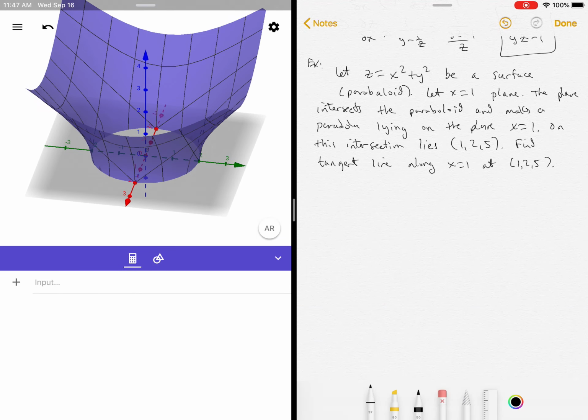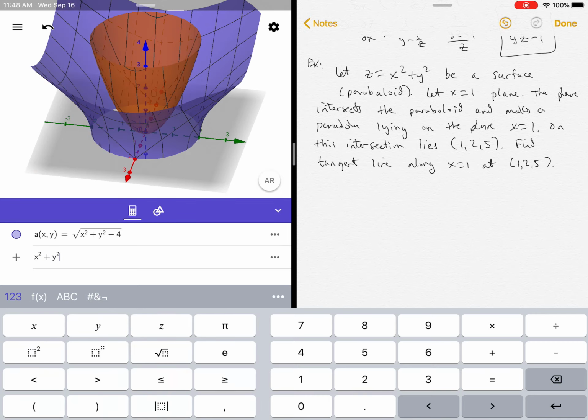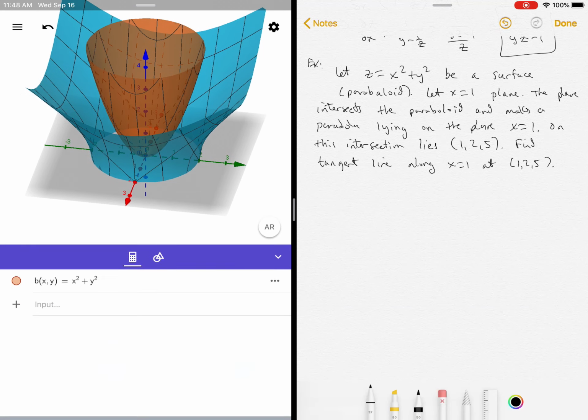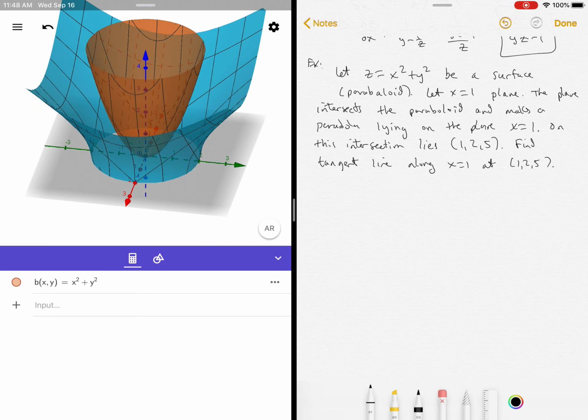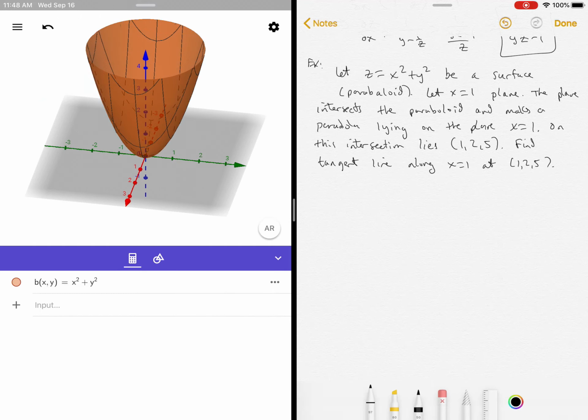Delete. So it's going to be x squared plus y squared. This needs to go away. There we go. So there's the paraboloid.